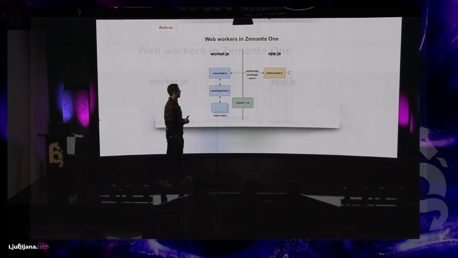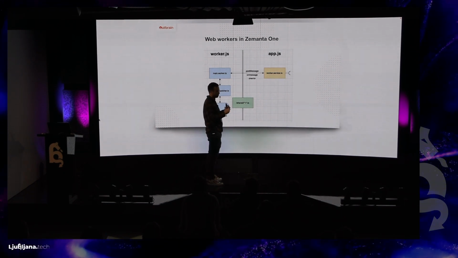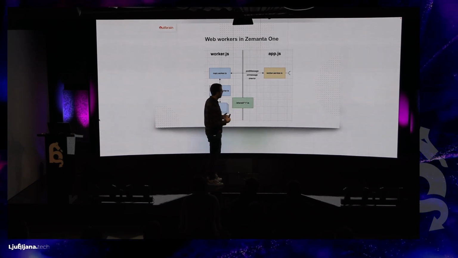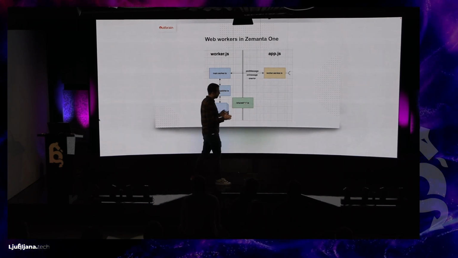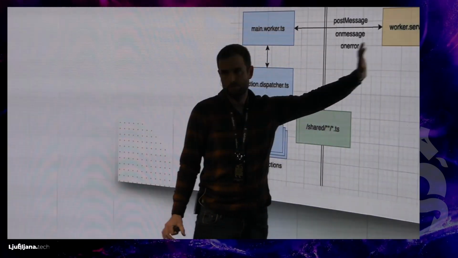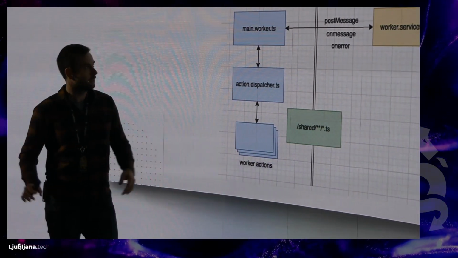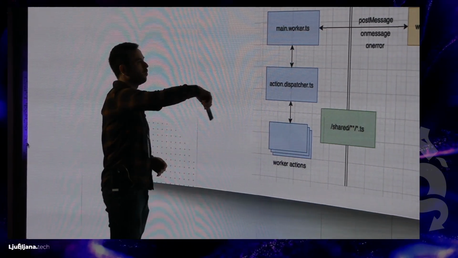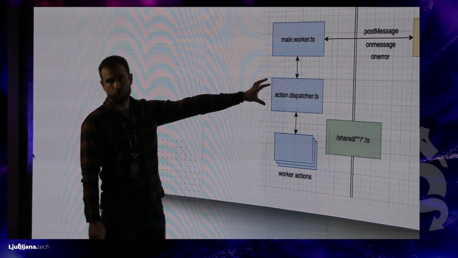So basically, a developer who wants to offload something to the web worker only needs to know about the worker service. It has only one simple function, run worker, and that's it. And then the magic happens in the worker bundle. Basically, it's created as an action dispatcher, okay?